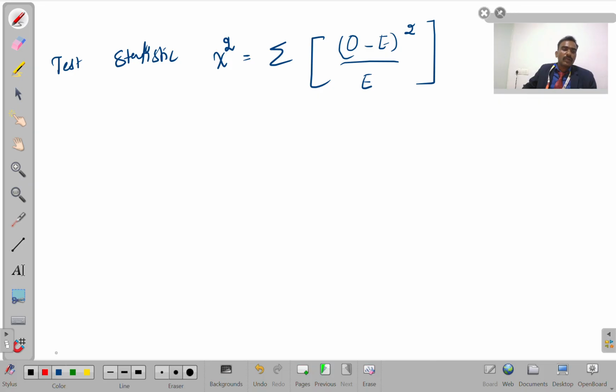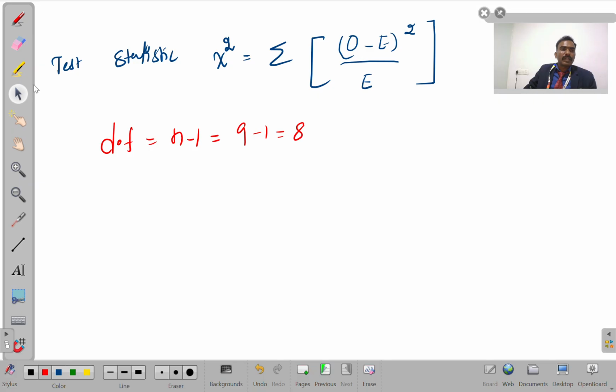Also the degrees of freedom is n minus 1. Here the number of observations is 9, so 9 minus 1 is 8. We need to find the value of summation of observed minus expected whole square by expected.